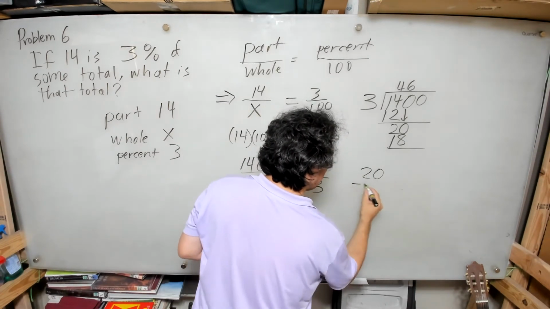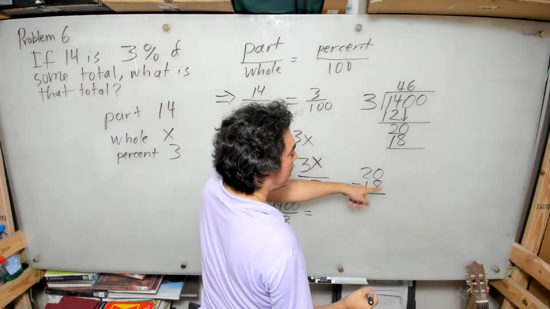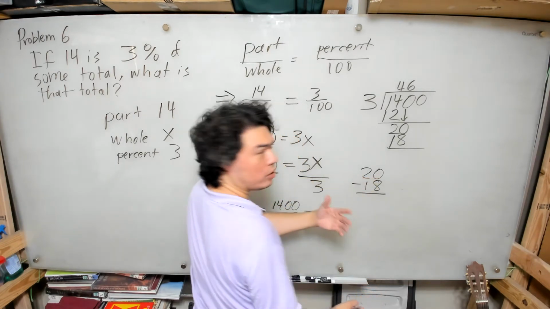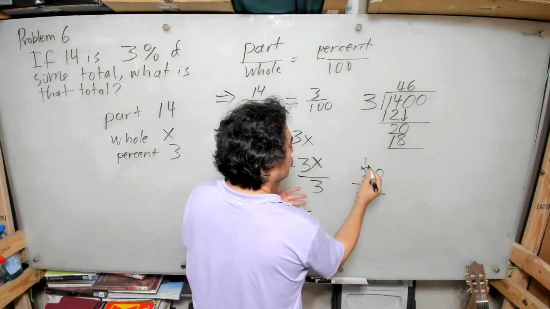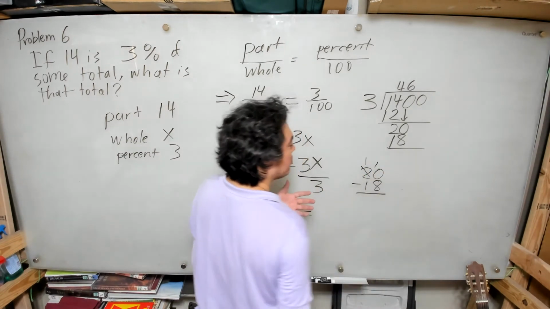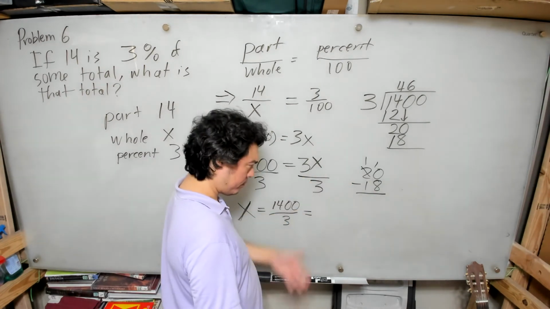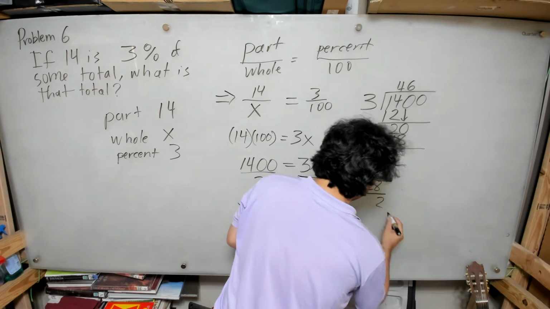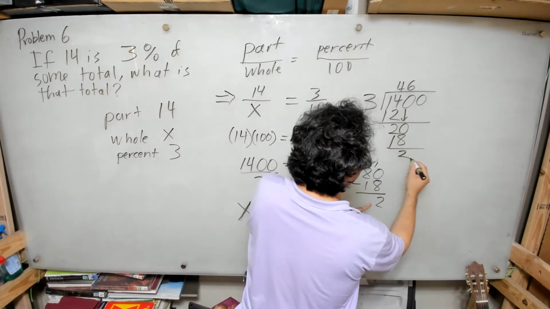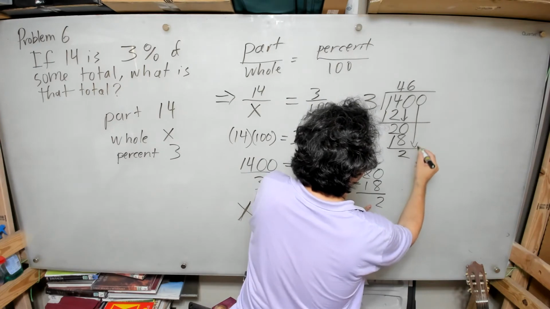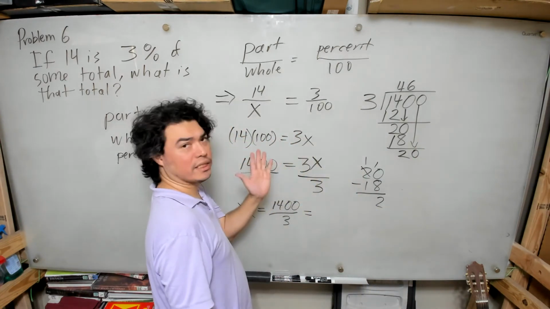20 minus 18 is equal to, can I take away 8 from 0? No, 0 is less than 8. So I have to borrow here. This 2 becomes a 1, and this becomes a 10. Can I take away 8 from 10? Yes. 10 minus 8 is 2. 1 minus 1 is 0, so the answer here is 2. So I put a 2 here, and I bring down a 0. I can see that 6 times 3 is still 18.